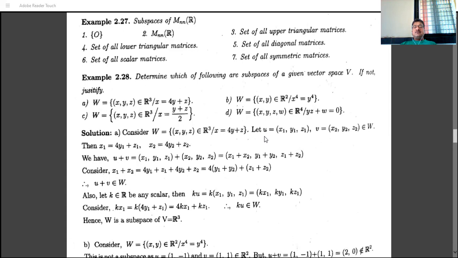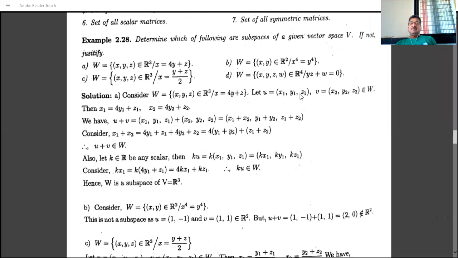For the first condition, take two elements from this set W. Let u bar equal (x1, y1, z1) and v bar equal (x2, y2, z2) belong to W. Then x1 is equal to 4y1 plus z1 and x2 is equal to 4y2 plus z2. And then u plus v is (x1 plus x2, y1 plus y2, z1 plus z2), usual addition.